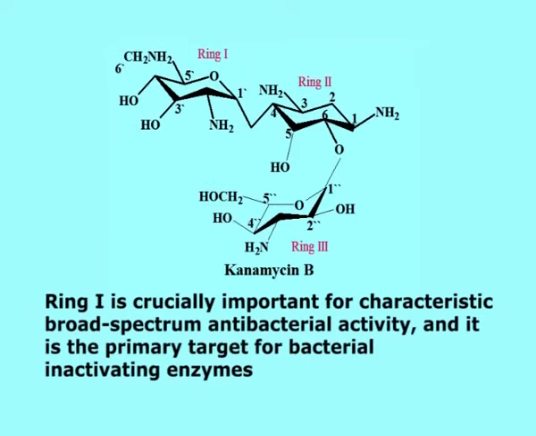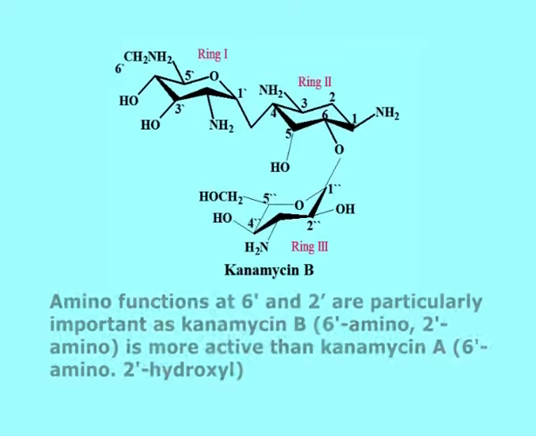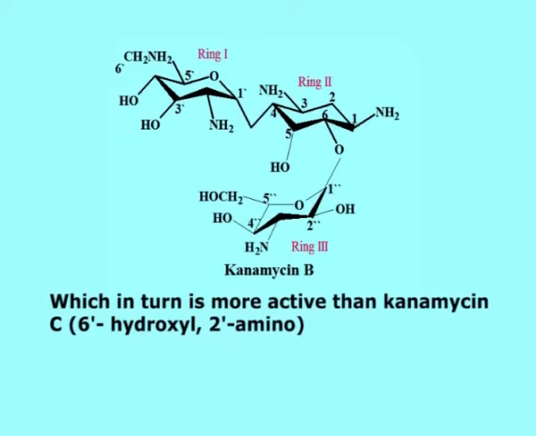Ring 1 is crucially important for characteristic broad-spectrum antibacterial activity, and it is the primary target for bacterial inactivating enzymes. Amino functions at 6' and 2' are particularly important, as kanamycin B, which is 6'-amino, 2'-amino, is more active than kanamycin A, which is 6'-amino, 2'-hydroxyl, which in turn is more active than kanamycin C, which is 6'-hydroxyl, 2'-amino.